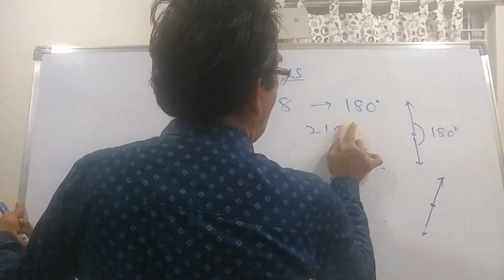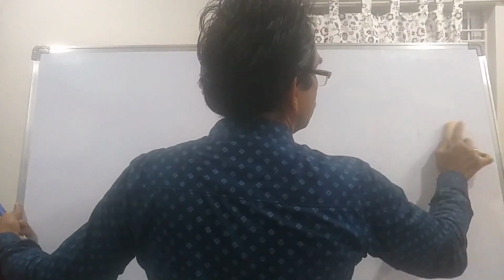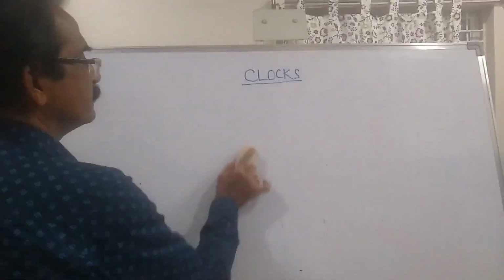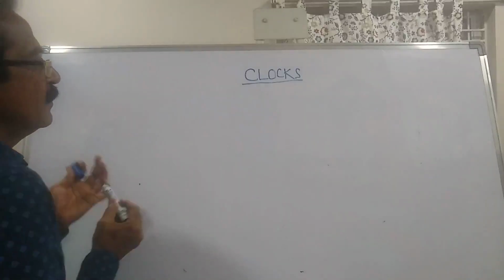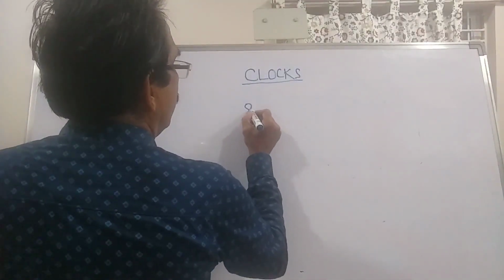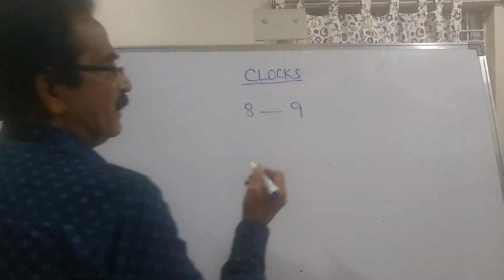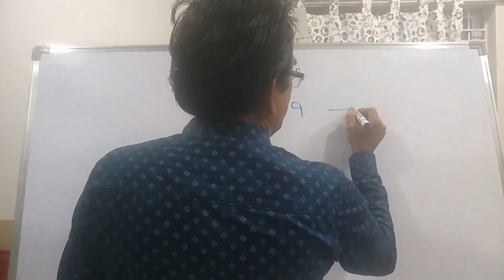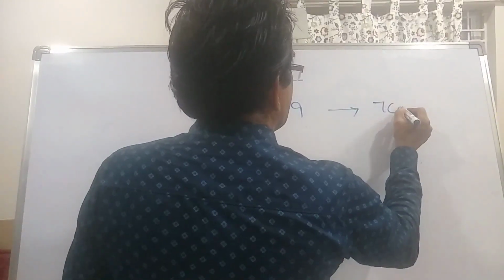One more angle. Between 8 and 9, at what time is the angle between the hands 70 degrees?